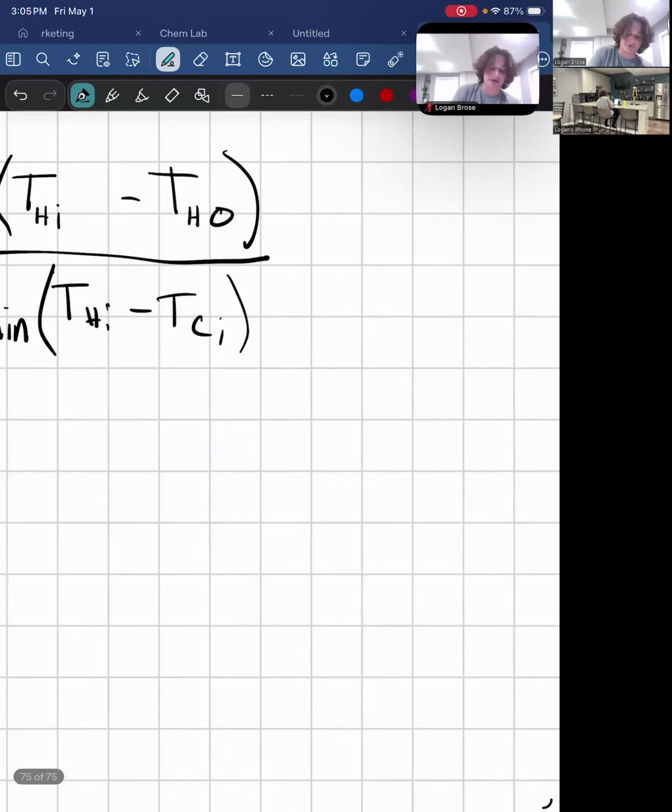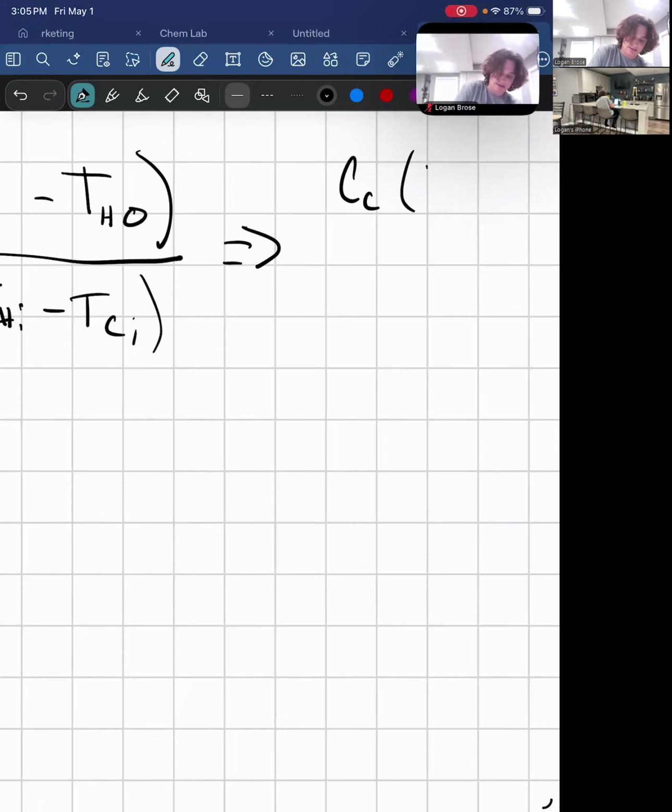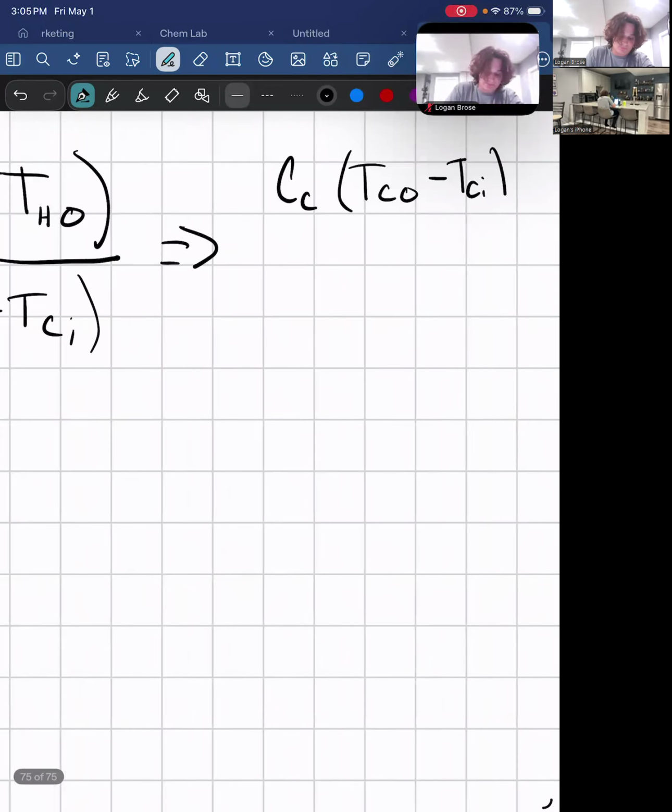And so if you're looking at it for your cold stream, you have your C_C times T cold out, because that's the greater temperature, minus T cold in, over your minimum flow rate times T cold in minus T hot out.